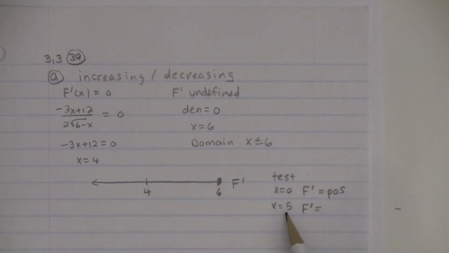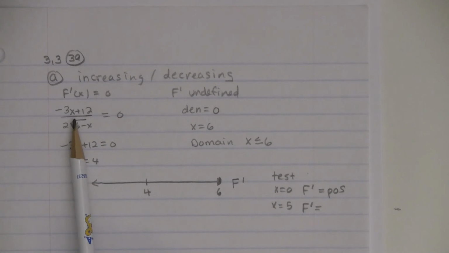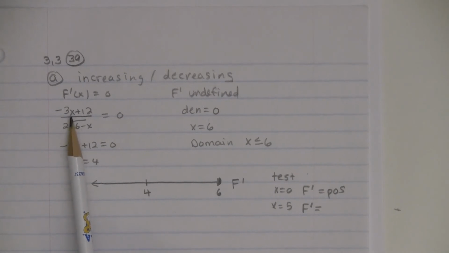So if I put in 5 into the function, the derivative there, and I get 0, then that means it should have been a critical point, and I shouldn't be testing it. So just watch yourself on that. That's the mistake there. You didn't get all the critical points.